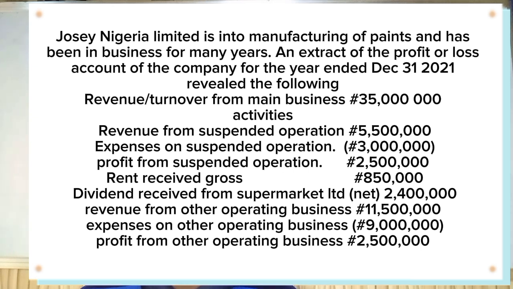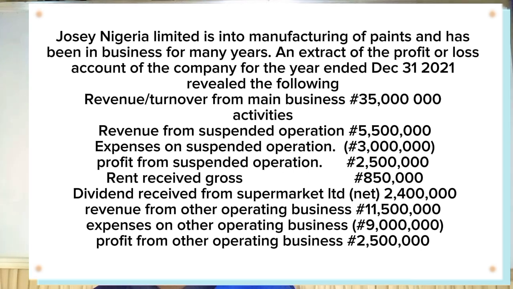An extract of the profit or loss account of the company for the year ended 31st December 2021 revealed the following. We have revenue or turnover from main business 35 million. Revenue from suspended operations 5,500,000. Expenses on suspended operations 3 million. Profit from suspended operation, 2.5 million.